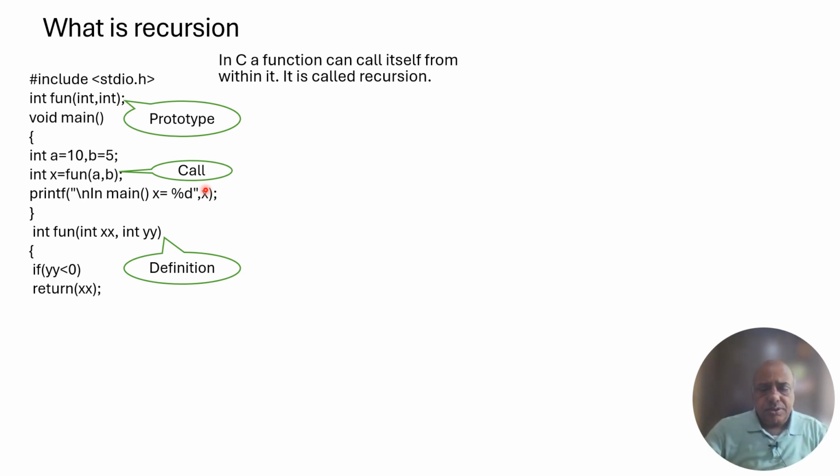The first statement in this is a conditional check. If yy less than 0, return xx. Now what we are doing here is we are passing the values of the a and b variables in the function call. In the function definition, variables xx and yy collect these values, and when the function starts execution, we check if yy is less than 0.